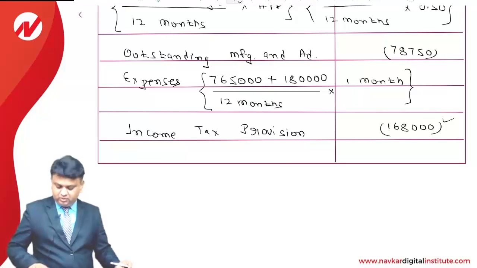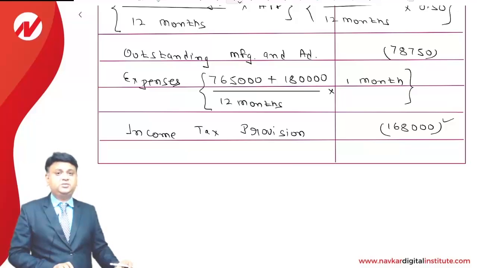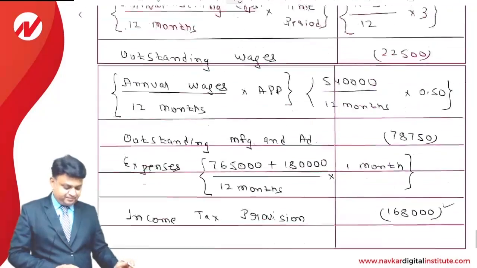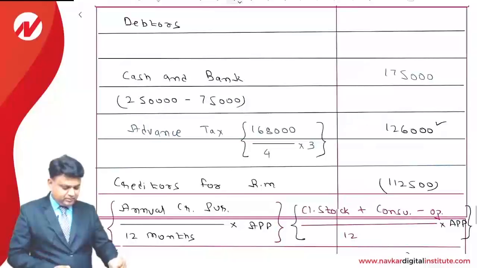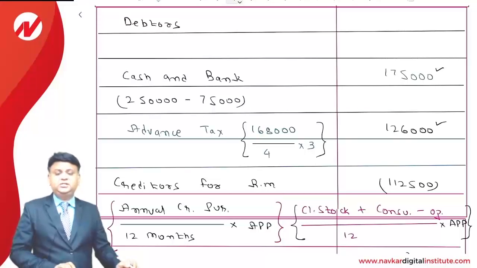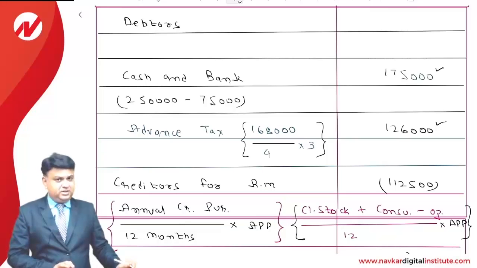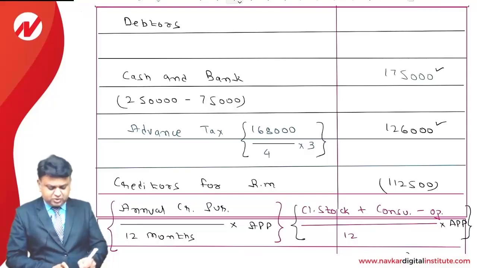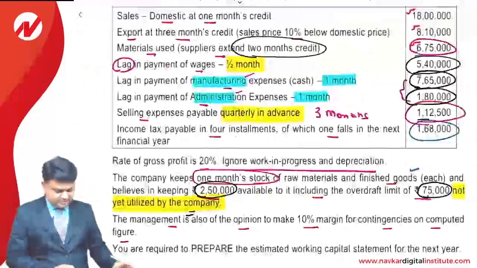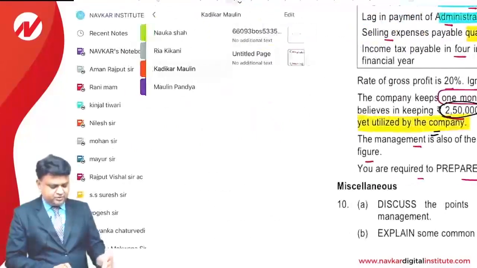Otherwise, what you can do, 168 divided by 4, you can only mention income tax provision, net of the advance tax, 42,000. I have mentioned the cash balance over here, 175. Instead of 175, you may mention the cash balance of 2,50,000 and bank overdraft of 75,000. That is also a valid presentation from examination point of view. This is the way we are required to make the calculation of answer.